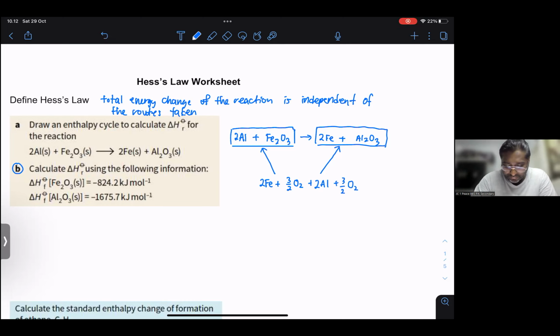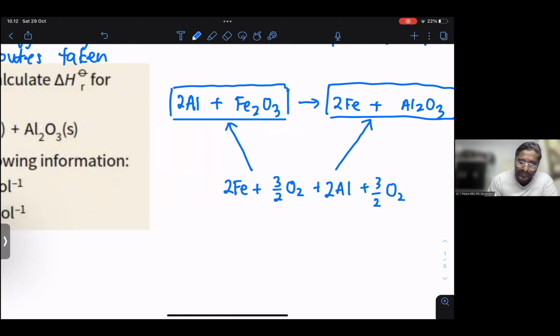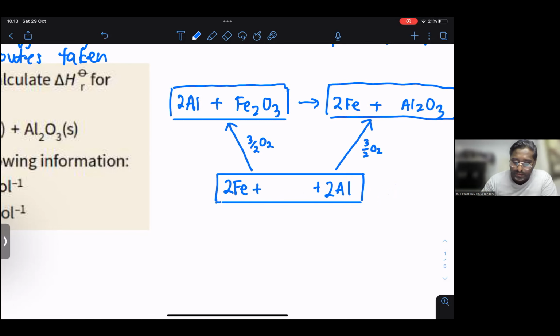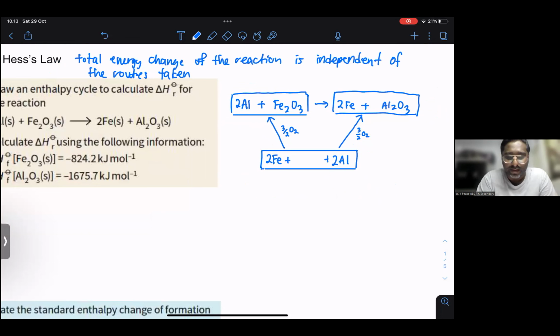For this 3/2O2 and then 3/2O2, normally rather than putting them here, we can simply put them over here: 3/2O2 here, and then you can also put 3/2O2 here, whereby you can cancel this, and you can also cancel here, and you can simply have another box and put it like this. So this is already a Hess's cycle.